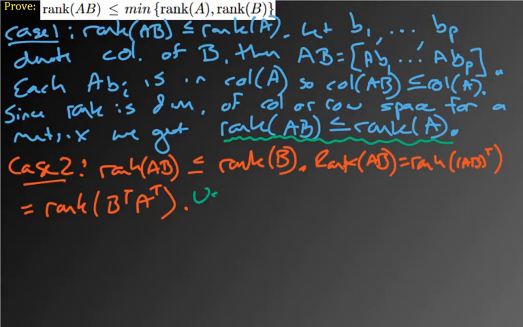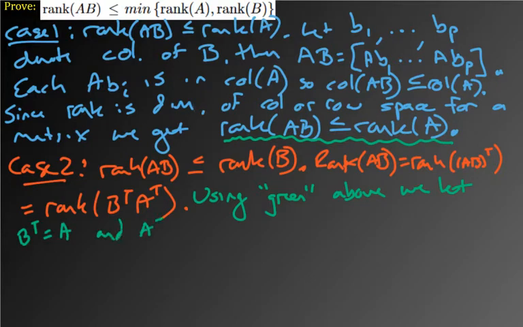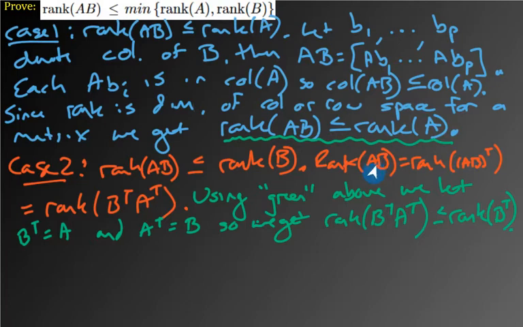And so I'm going to say, using the above, very formal proof technique, we let B transpose play the role of A, and A transpose play the role of B. So we get that the rank of B transpose A transpose is less than or equal to the rank of B transpose. And now I'm going to pop back, using this idea again, going from transpose back to here.